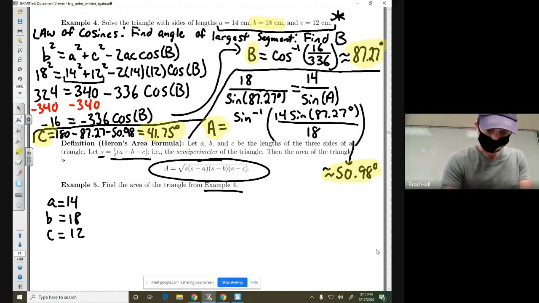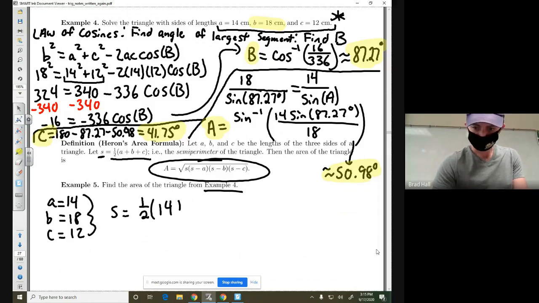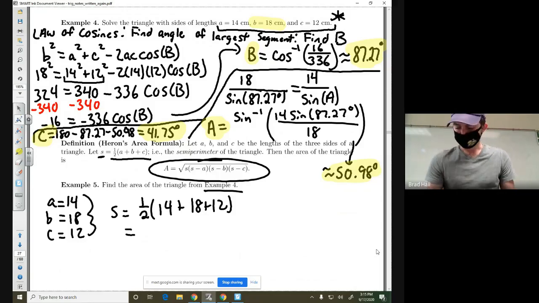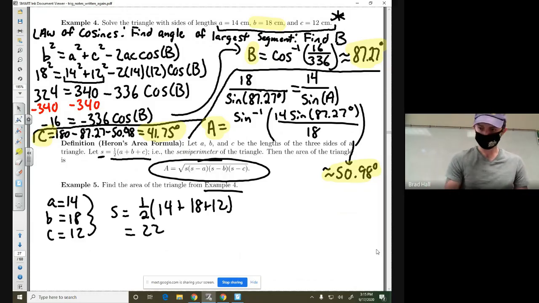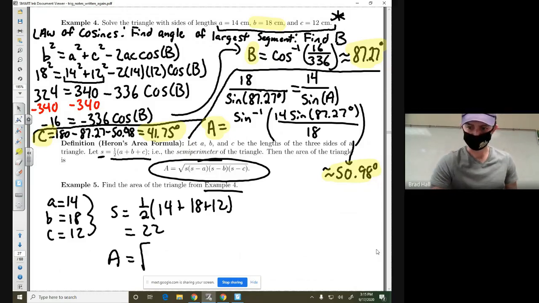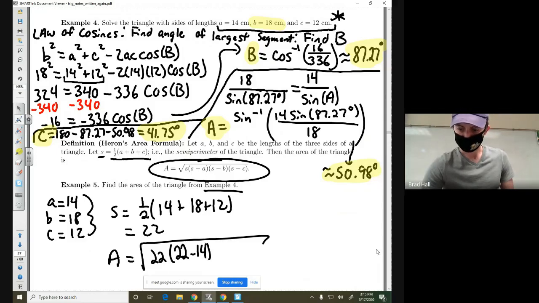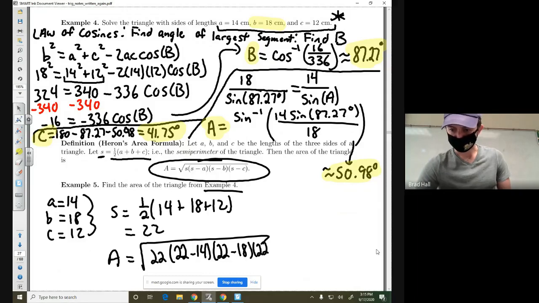So little s is 1/2 the sum of all of those. What is that? 7 plus 9 plus 6, 22, I guess. And then the area is the square root of 22, 22 minus 14, 22 minus 18, 22 minus whatever C was, 12.